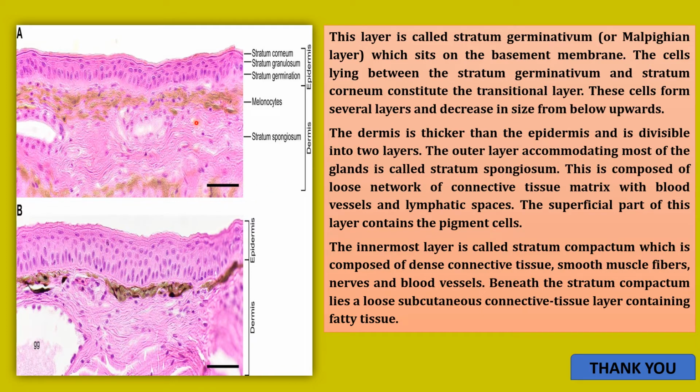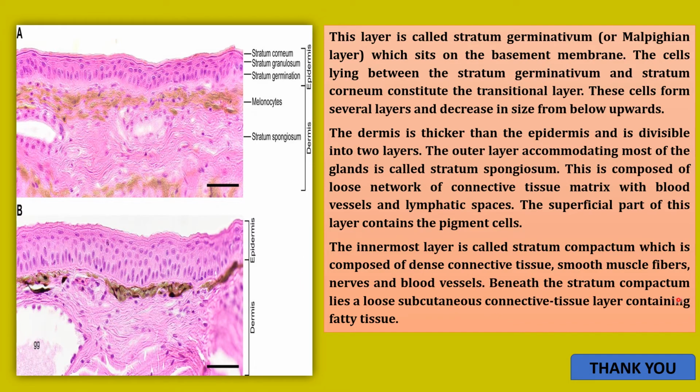Stratum spongiosum consists of a loose network of connective tissue, while stratum compactum consists of dense connective tissue. Here, connective tissue matrix with blood vessels and lymphatic spaces is present, but here smooth muscle fibers, nerves and blood vessels are present. That means no lymphatic spaces are present over here.